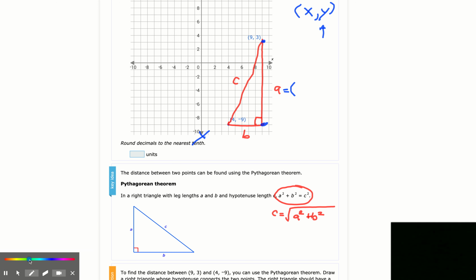Let me use a different color this time. A equals, if that's the situation, then I'm only looking at 3 and -9. It doesn't really matter which way you go. You can do 3 minus the -9, and then we would square that.